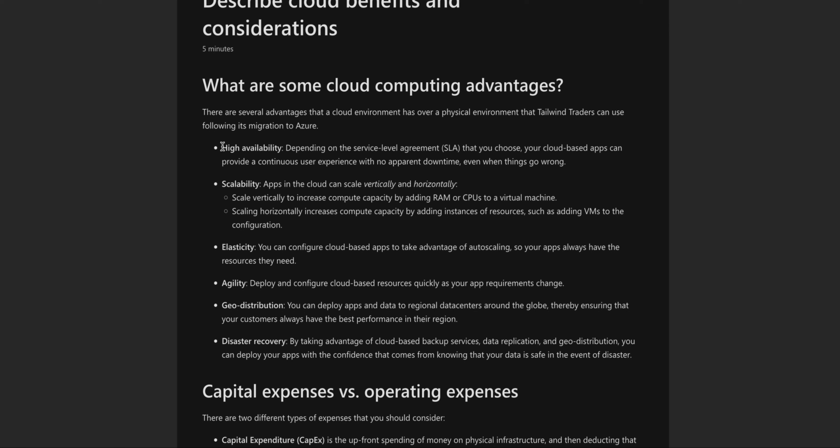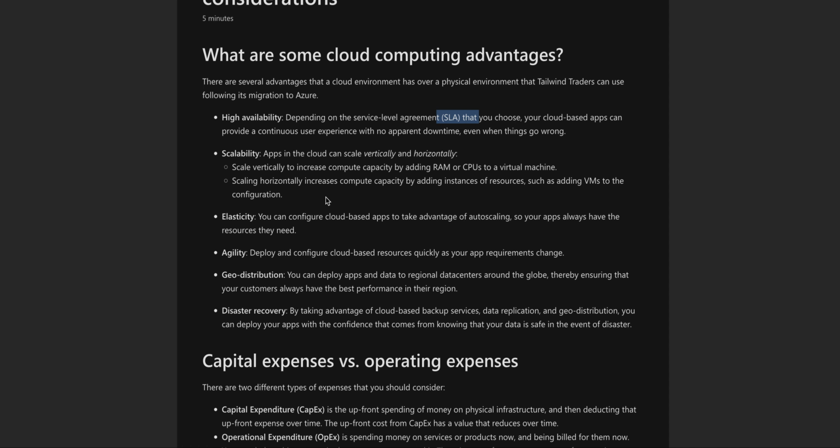First of all, it's high availability, and depends on SLA. Your cloud-based apps can provide a continuous user experience with no apparent downtime. Scalability: you can scale vertically and horizontally.